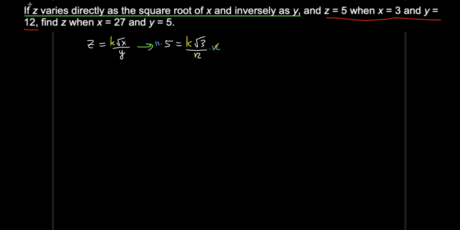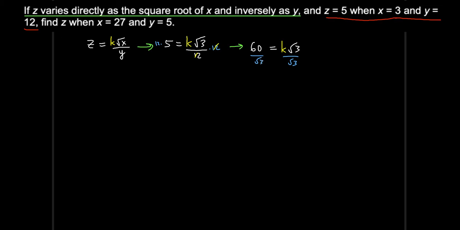And on the left side, what we get as a result will be 12 times 5, which is 60. So 60 is equal to k times square root of 3. As a result, k will be equal to 60 divided by square root of 3, so you have to divide both sides by square root of 3.